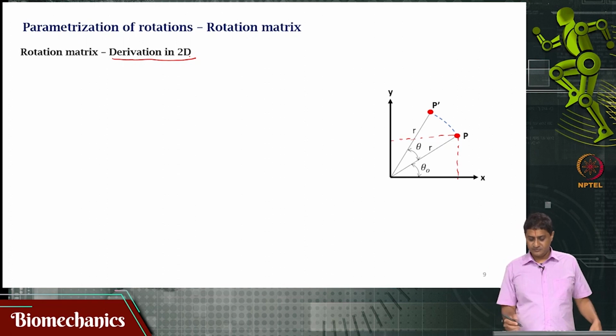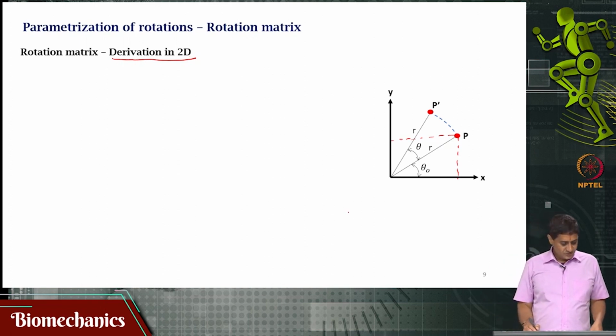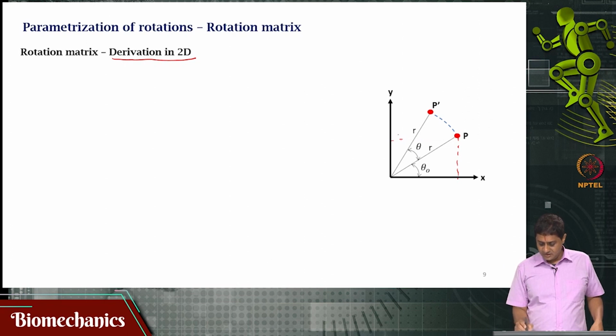Okay. So, I can find out the projection of this point P onto the x axis. I am going to call that some Px, and onto the y axis I am going to call that some Py.